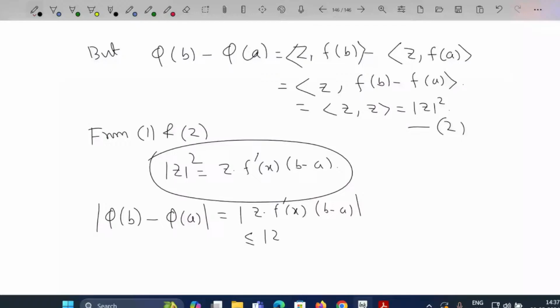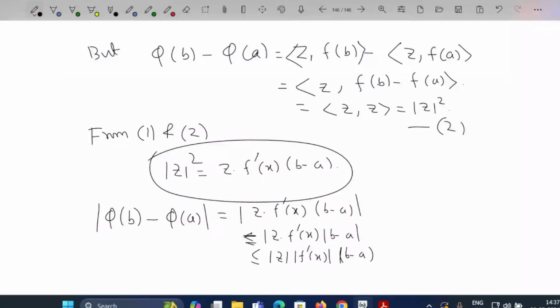This will be equal till now. And then again the Schwarz inequality will give us mod of j into mod of f dash x into b minus a.